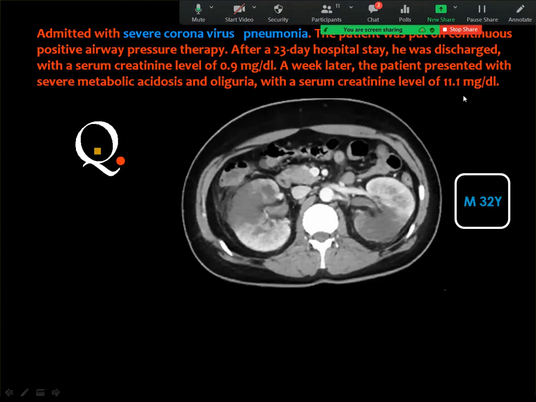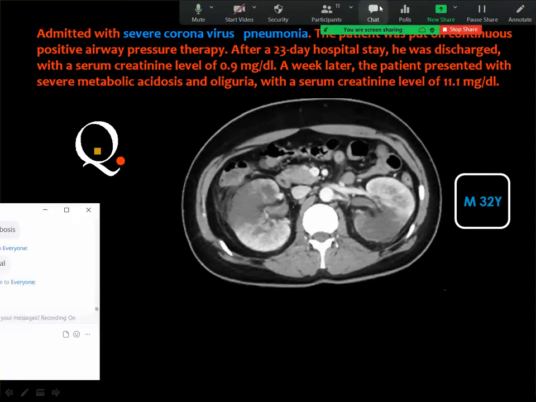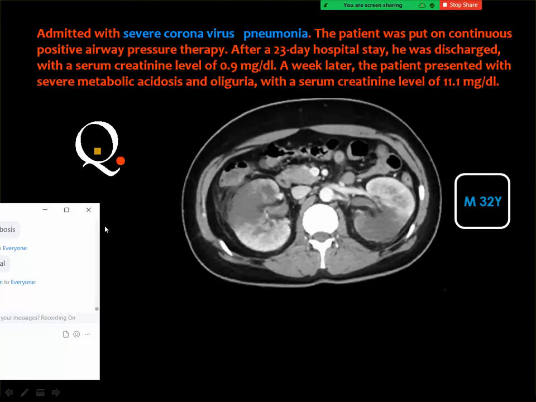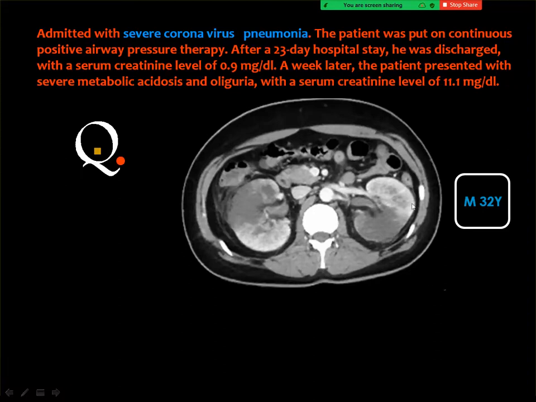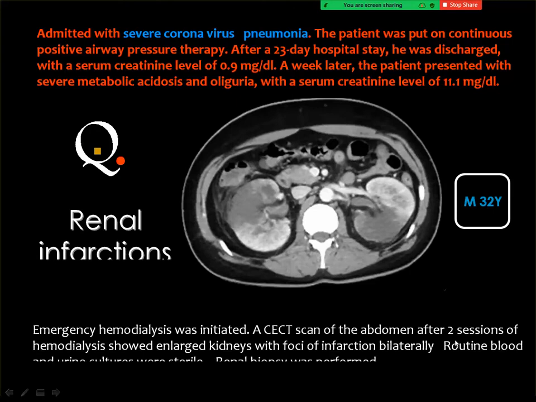Then the CT scan of the kidneys showed, yes, bilateral renal vein thrombosis and bilateral renal infarctions, which is one of the complications, as you all know, of the coronavirus infection.